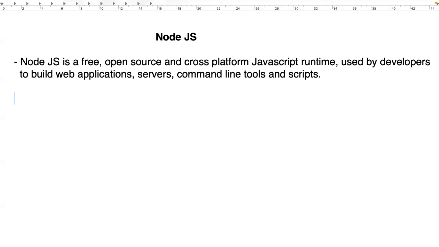Your terminal, all these are command line tools. Scripts means, just now I told you, server side scripts which will generate a response for the request. So we have so many things that Node.js can do.